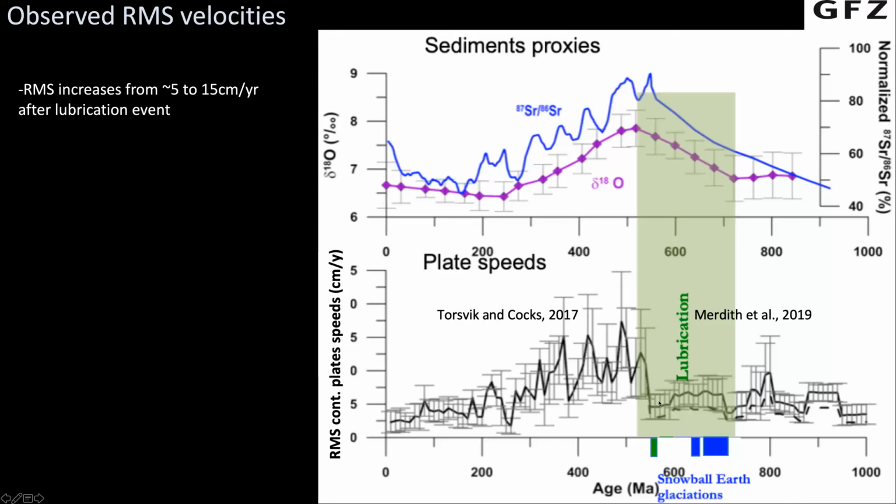And then after the glaciations and some kind of intermediate lubrication time, the RMS velocity jumps from 5 to 15 centimeters per year. And then again, correlates very well with the sediment proxies and decreases to present day.